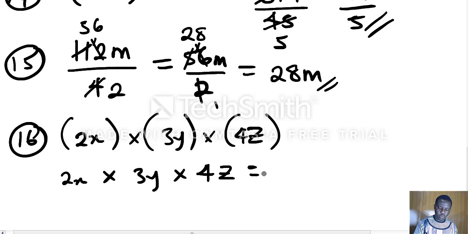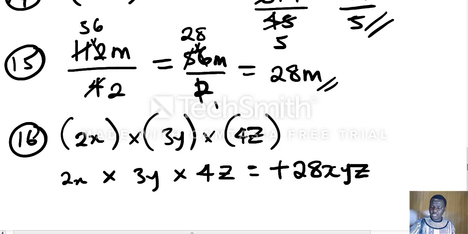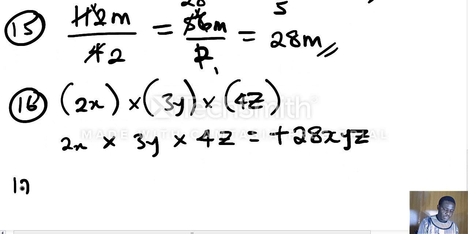Just like we did, multiply the signs, thereafter multiply the numbers and then the letters. If you look at it, they are all positive, so they are going to return a positive sign, because positive times positive is positive. Also 2 times 3 is 6. 6 times 4 is 24. x times y is xy. xy times z is xyz as your answer.